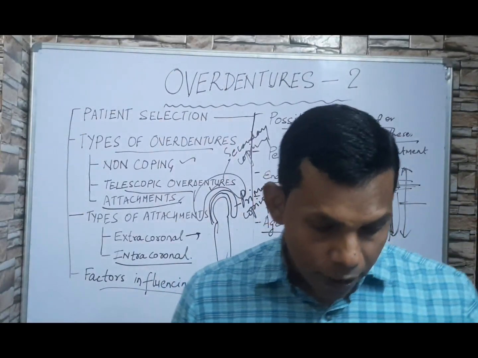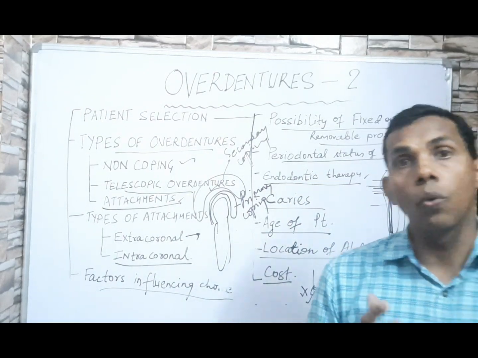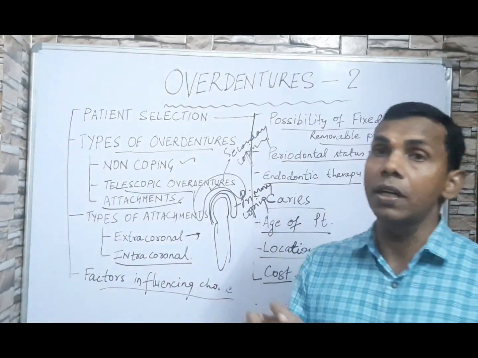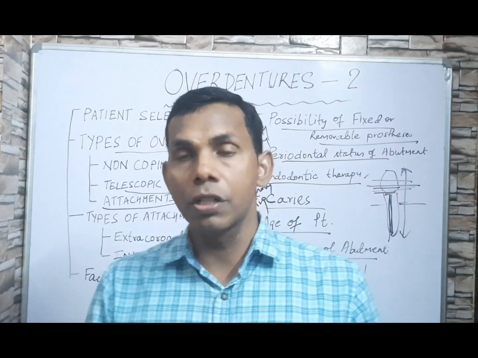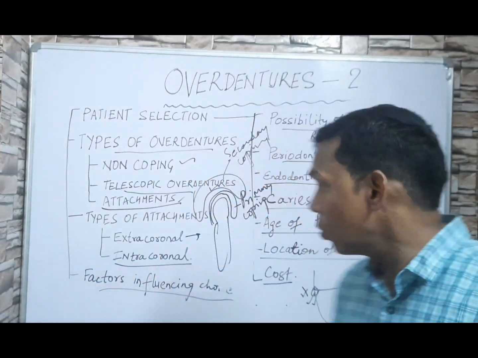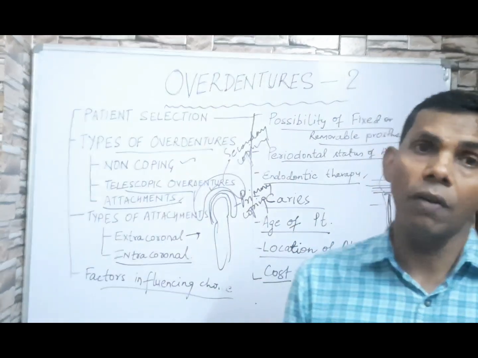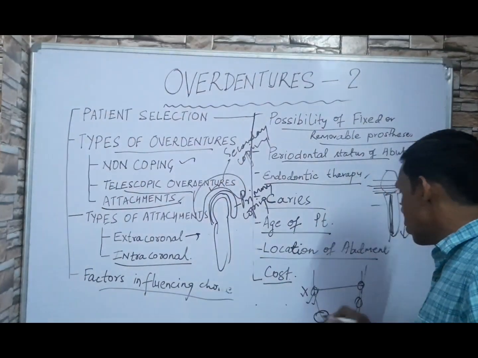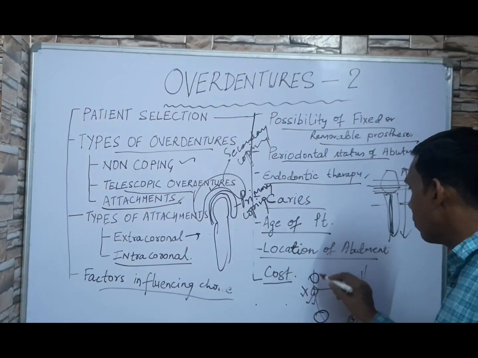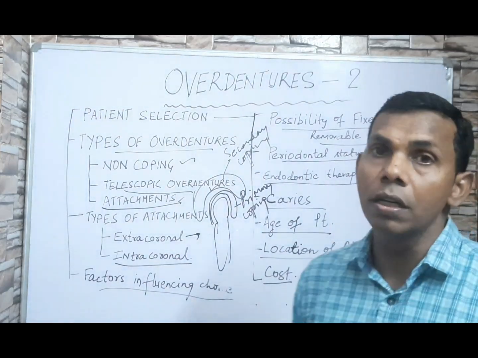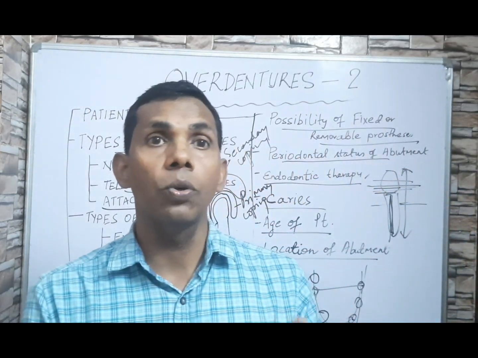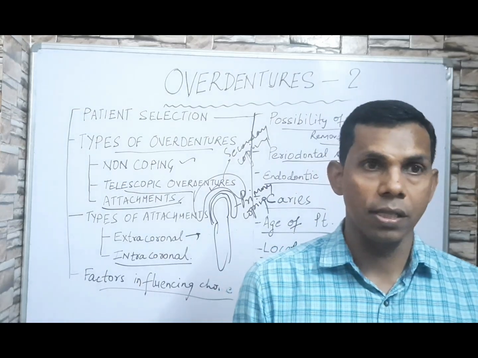And then whether you are going for a totally tooth supported or a tissue supported prosthesis. Now totally tooth supported will definitely depend on the number of abutment teeth which are there. So if you have a more increased number of teeth here, then definitely it will be a totally tooth supported prosthesis.